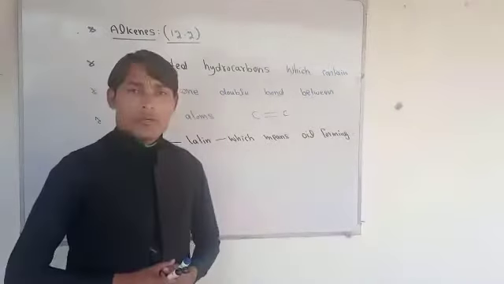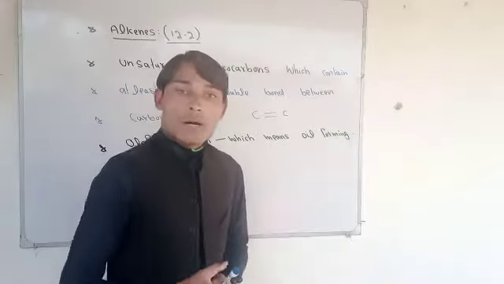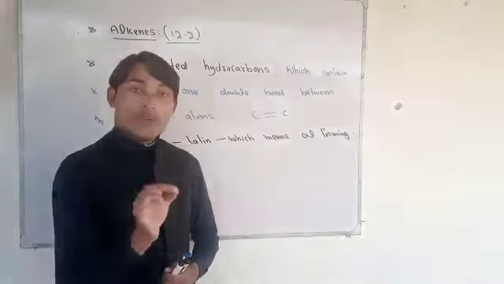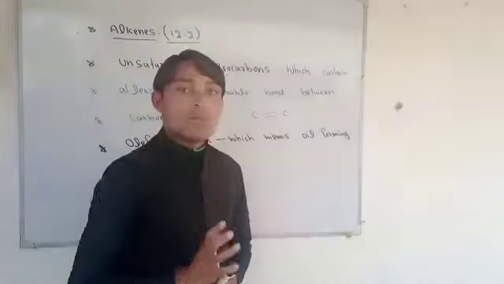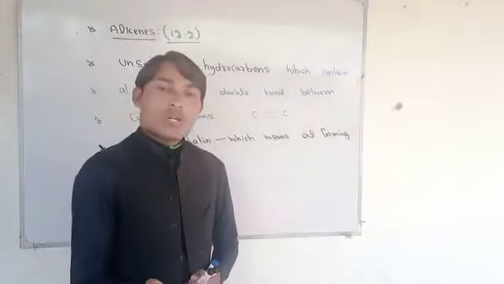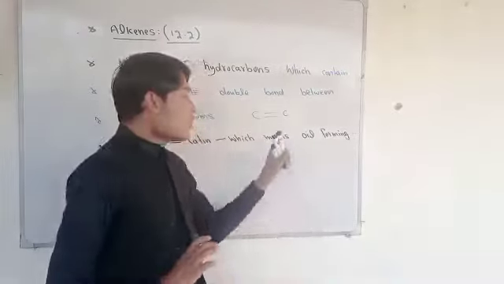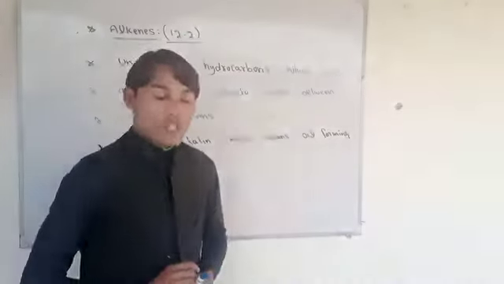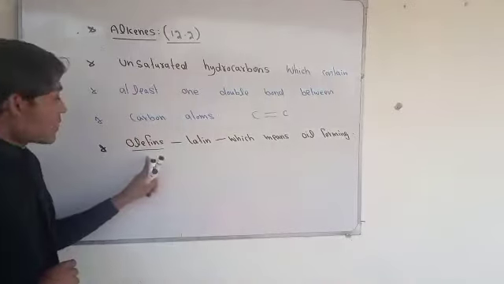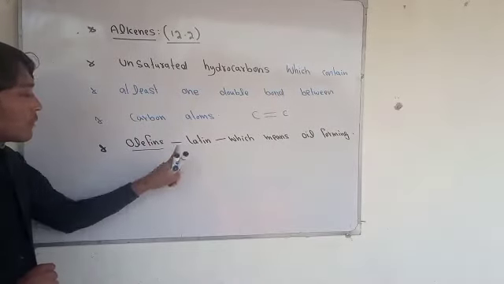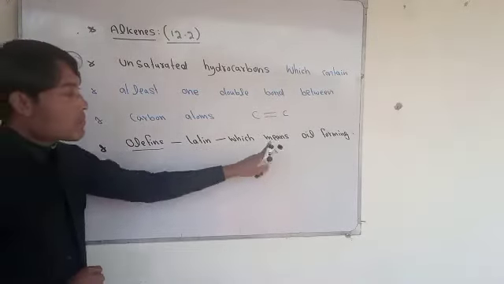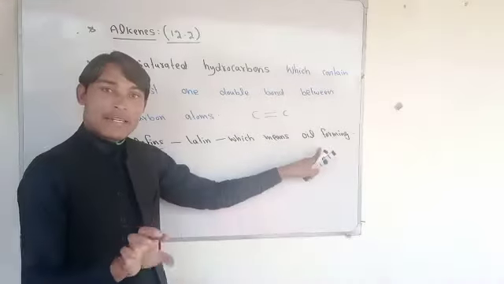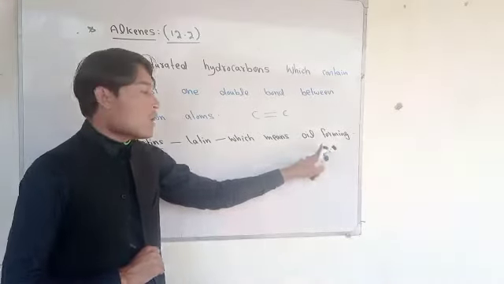More than one double bond is also possible, but for alkene we define that at least one double bond must be present, and 2, 3, 4 are possible. Only one is necessary, which is called the functional group. The second property is that we also call them olefins, a Latin word which means oil forming. When it reacts with a halogen, it forms oil.